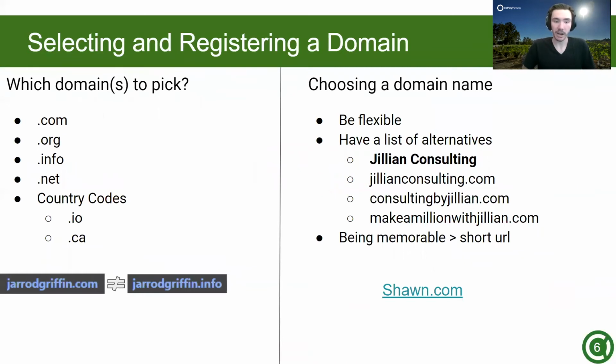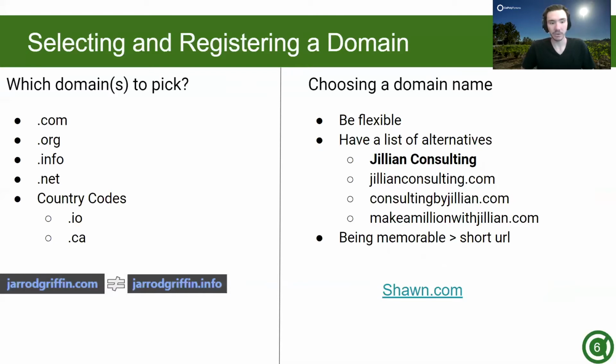So let's talk about how we need to select and register a domain for a website. There are a lot of different domains. There's .com, .org, .info, .net, and there's a lot of country code domains. .io is popular for tech companies. I believe it is actually the Indian Ocean country code. .ca is for Canada.